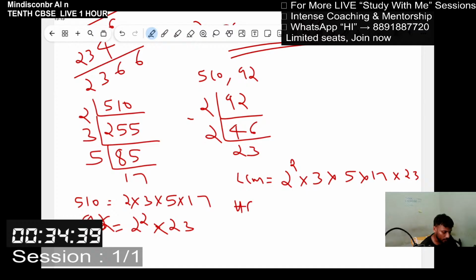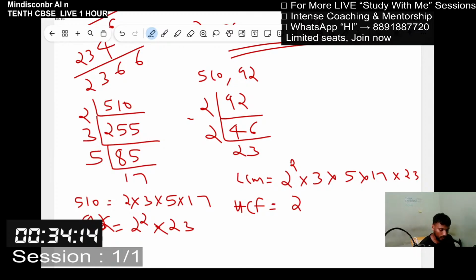And HCF is the lowest of all the common prime factors. Here only one common factor, that is 2 and 2 square. So the lowest is 2, therefore HCF is equal to 2.